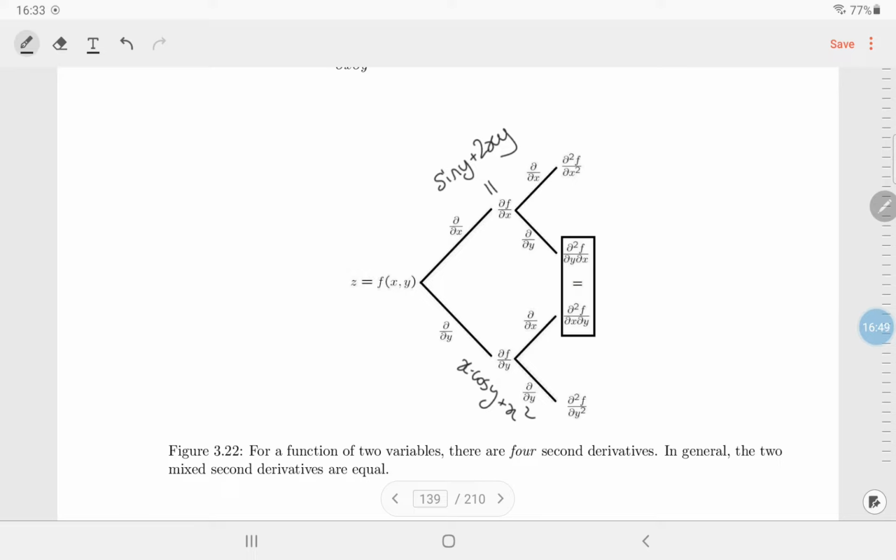And we can differentiate both of those in two different directions. So you have the original function, which you can differentiate with respect to x or y, and the two first derivatives can both be differentiated with respect to x and with respect to y.